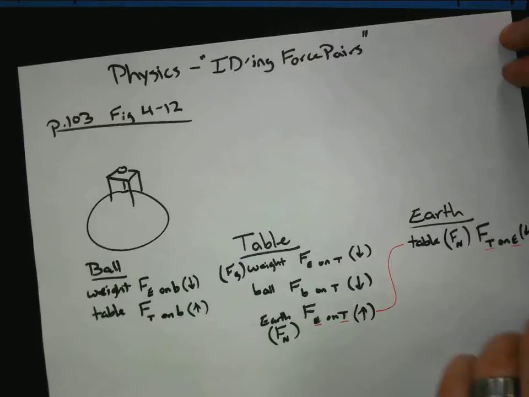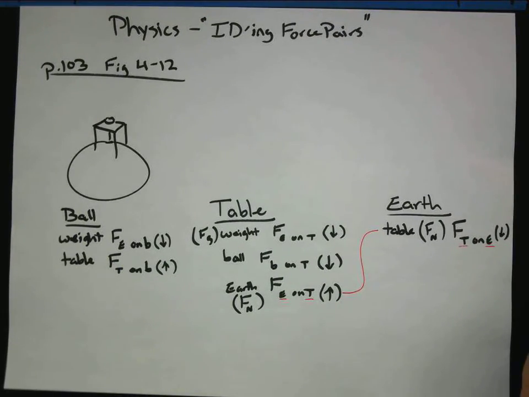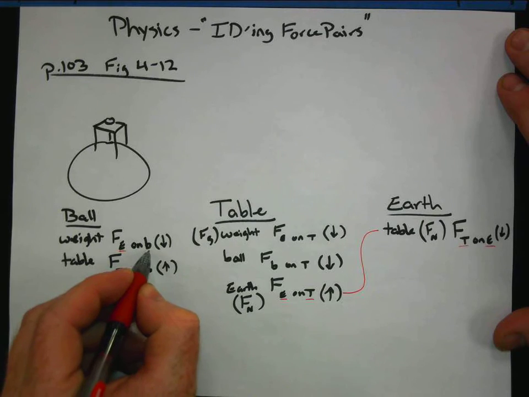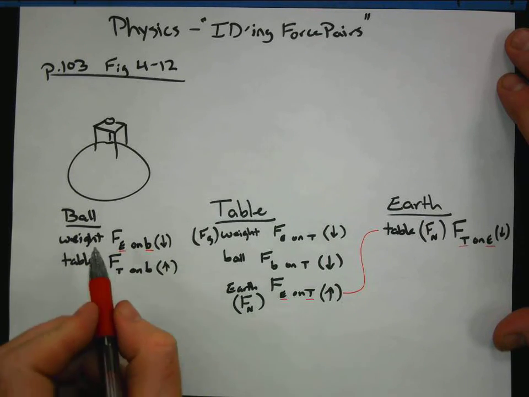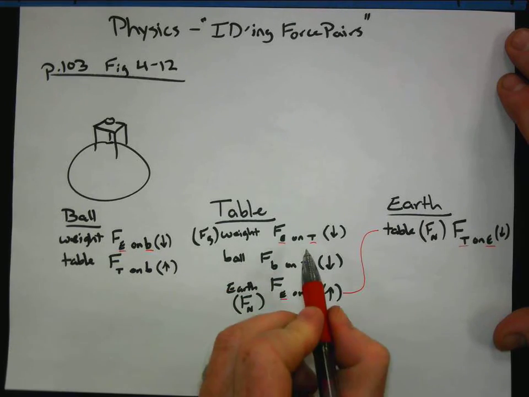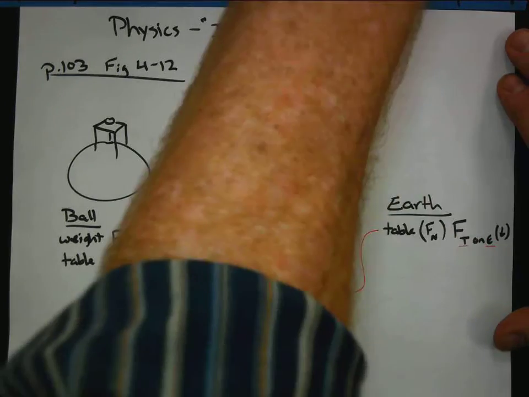Again, if I look at reversing these two things, Earth on ball, well, there's going to be a twin where the ball is affecting Earth. Here, Earth on table, there's going to be its twin, table affecting Earth.